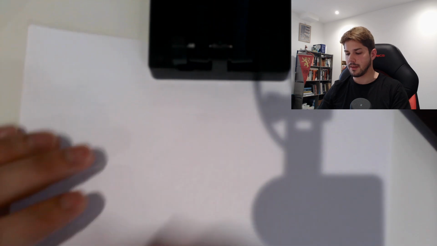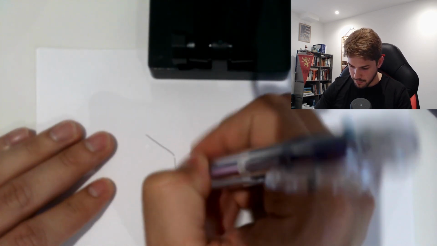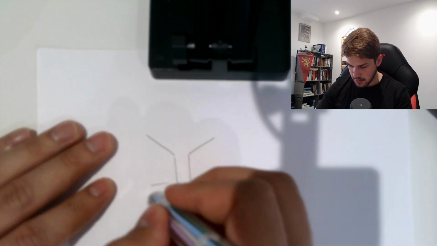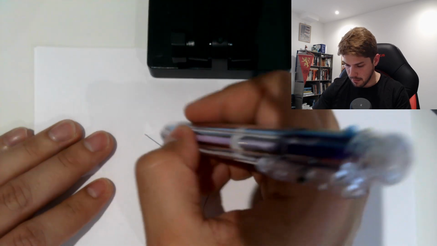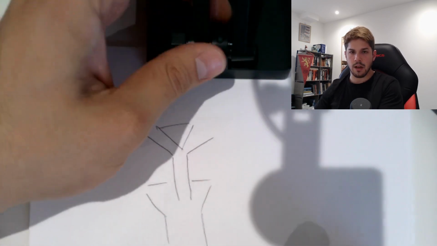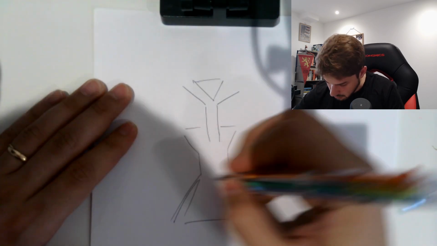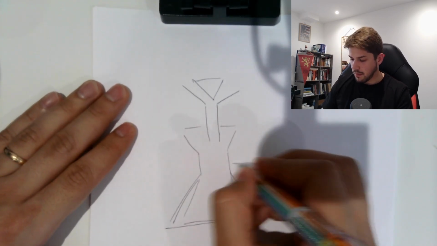So, for filtration, let's say that this is our diagram. Sorry, my flask needs to get a bit fatter. Yes. So here we have our flask.